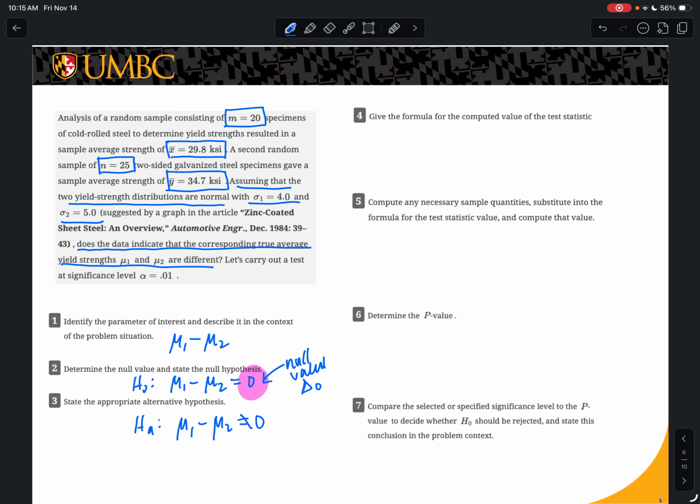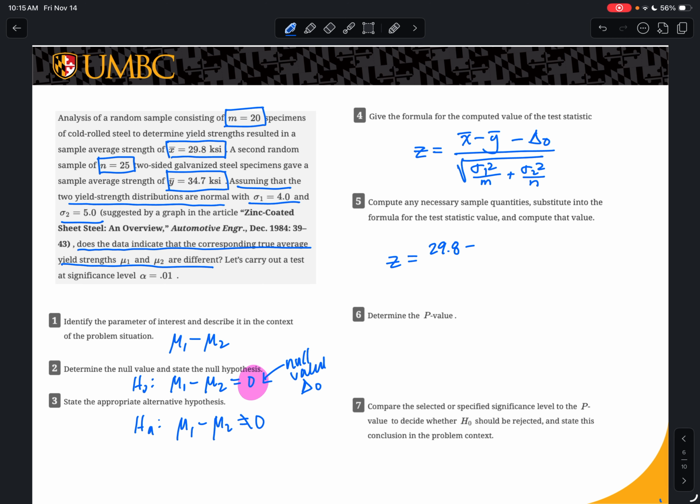Okay, the formula for the computed value of the test statistic. Z equals, this is just taking it from the previous page. So I'm just copying it over. Now we have to actually plug into the formula. Z equals, all right, we have 29.8 for X bar.